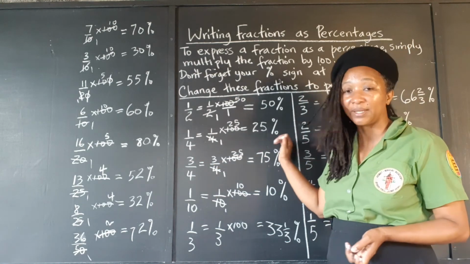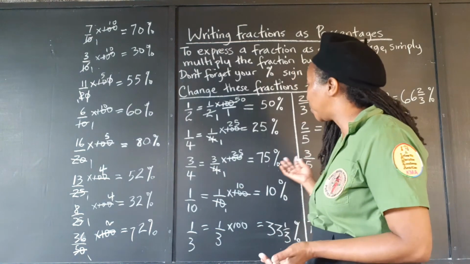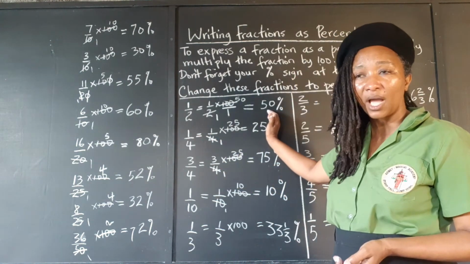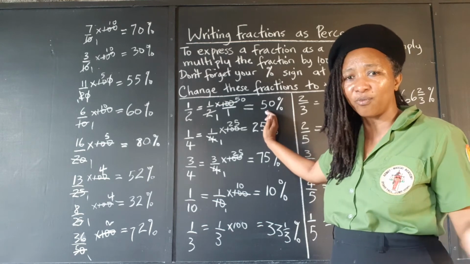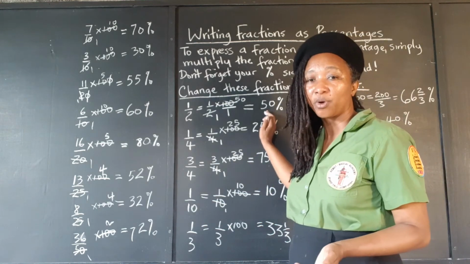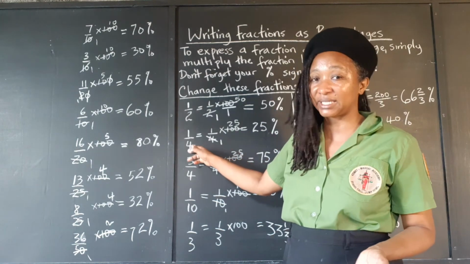So don't forget your sign. If you just put 25, it's wrong. If you just put that a quarter is equal to 25, a quarter is not 25. A quarter of what? A quarter and 25 are two different amounts. This is vastly bigger than this.